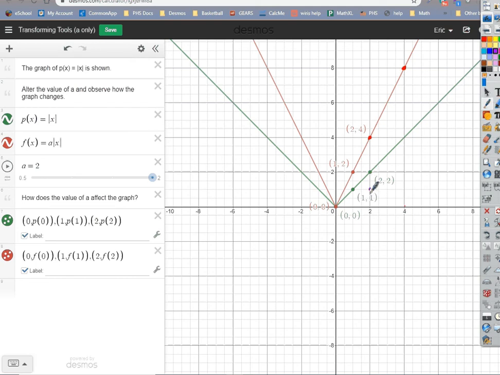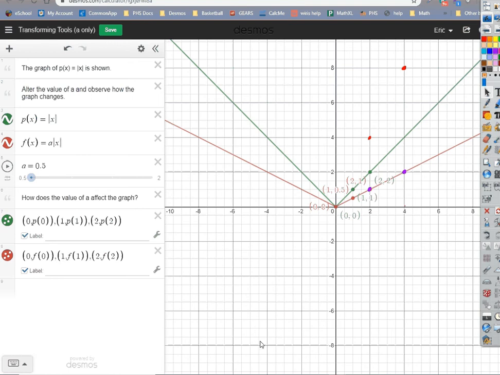So I should expect it to be right there. What if I went over 4? Instead of going up 4, I'd go up 2. Okay, let's see if that works. Yeah, that works. Right?